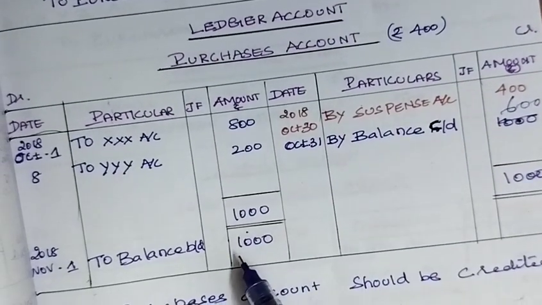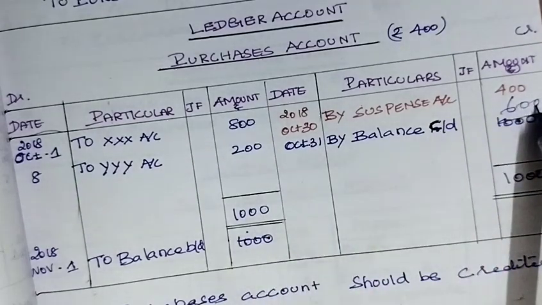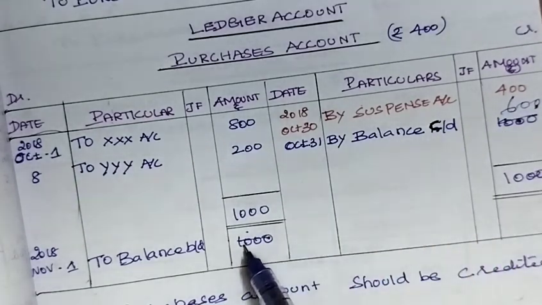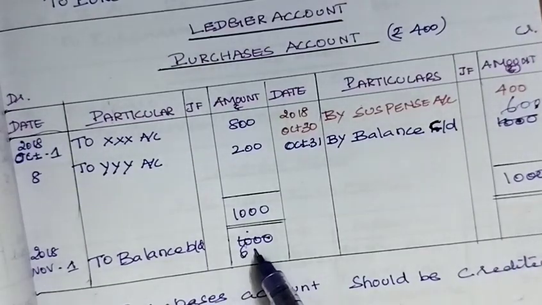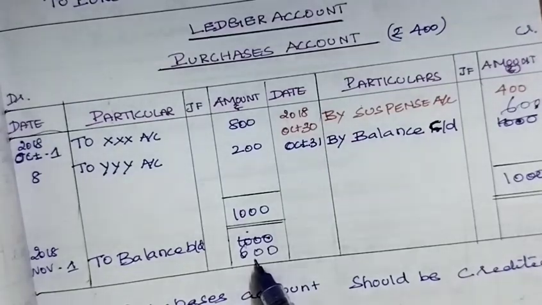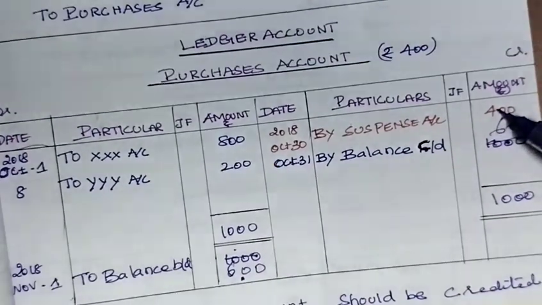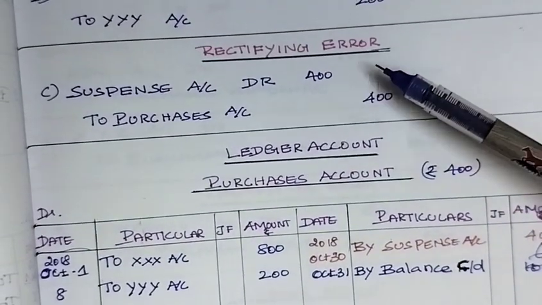Here also we have to change. We have to bring it down to the opposite side below the total. We entered that 600 rupees below the total. This is the opening balance of the purchases account. Listen here. We rectified this error. How do we rectify it?